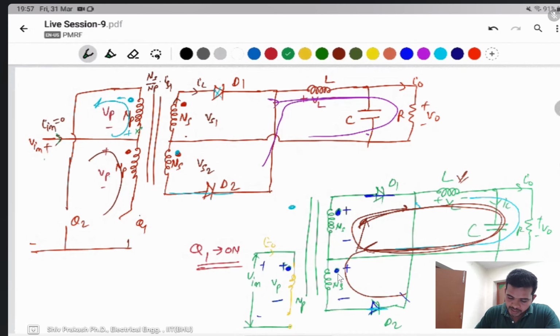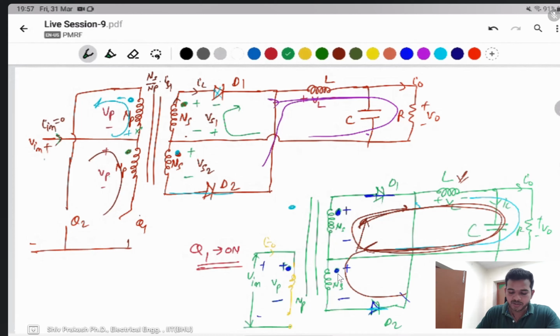If you balance this plus and minus: when this switch is on, and when both switches are off, the current flows like that, and this will be positive and this will be negative, because this one acts as a source sink at that time.